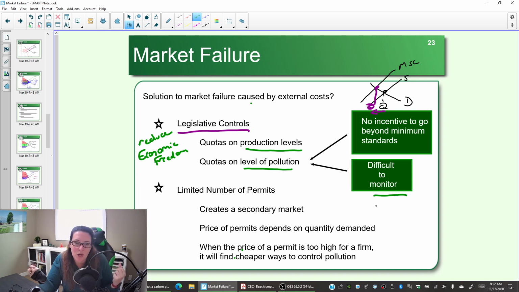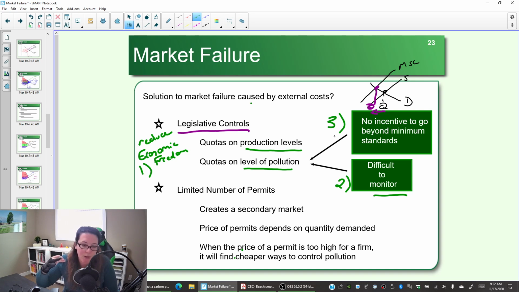But then the third challenge we have with legislative controls, besides the reduced economic freedom and difficulty to monitor, is that it does not create an incentive for these businesses to go beyond the minimum standard.